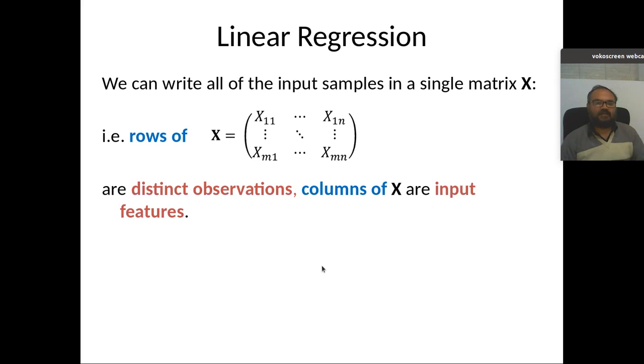And we can write all the input samples in a single matrix X, where each row is one sample, and each column consists of the values of a specific feature for all the samples. Row-wise the rows are distinct observations, and the columns of X are input features.